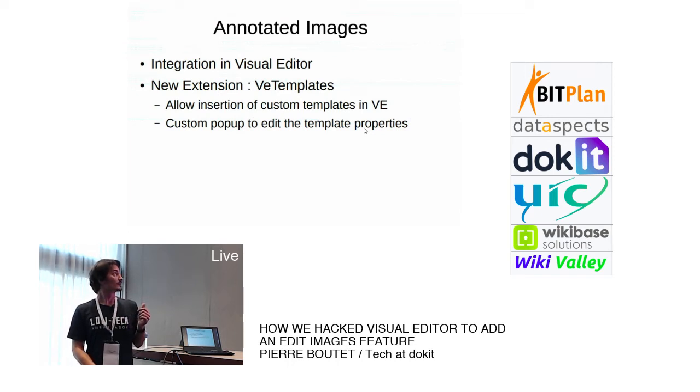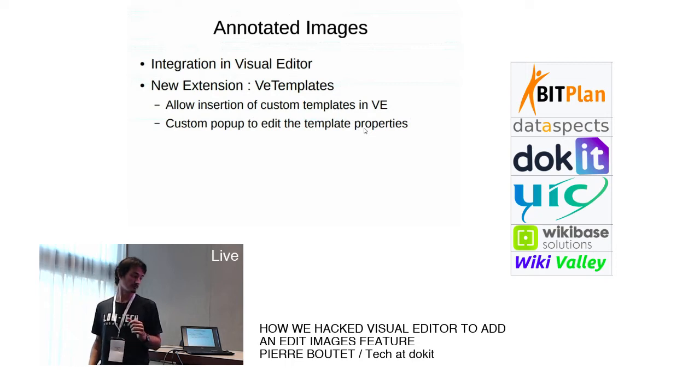After that, I wanted to customize these templates more, and I can change the pop-ups that appear to edit the template information and the value of the information, to avoid having the raw text value, but to have the input that I want to make and that I can customize myself.